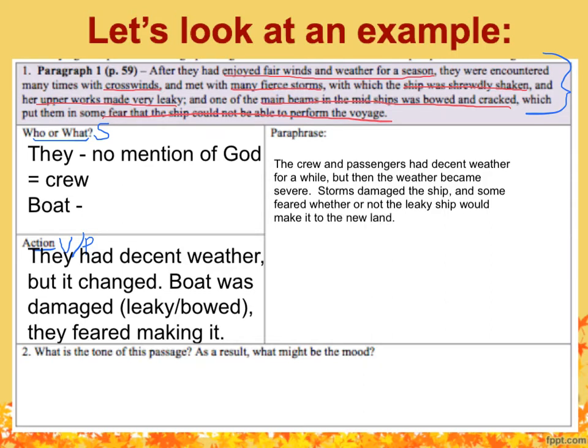Okay, so I want you to stop and I want you to think. What did I do? In order to create my paraphrase, I went back to my who or what and my action. I put those together, and I wrote it in a complete sentence. Why is it so important for me to look at the who or what and the action?